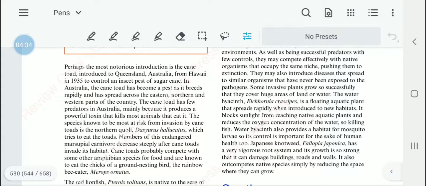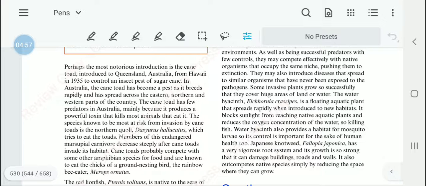Now, to talk about invasive plants, the water hyacinth is a floating aquatic plant, even found in Sri Lanka, but it was first introduced from Japan apparently. It spreads very rapidly when introduced to a new habitat.